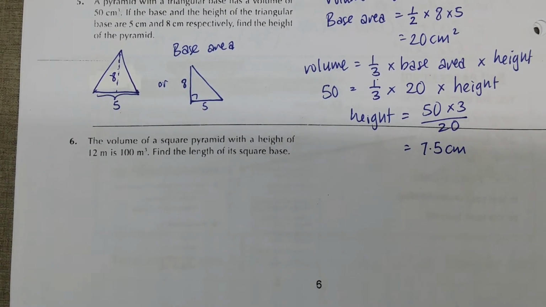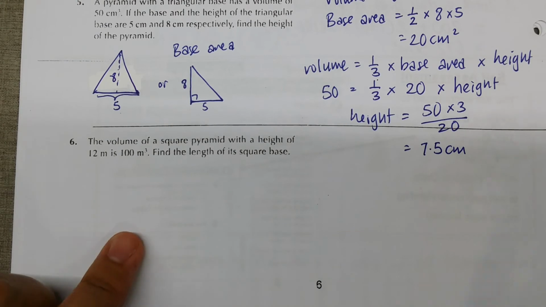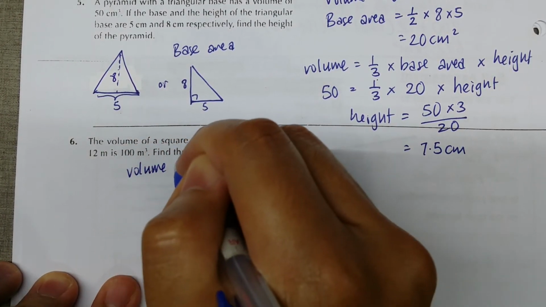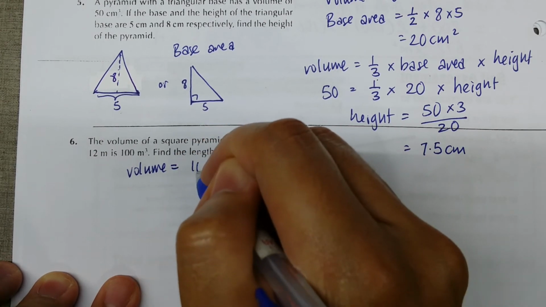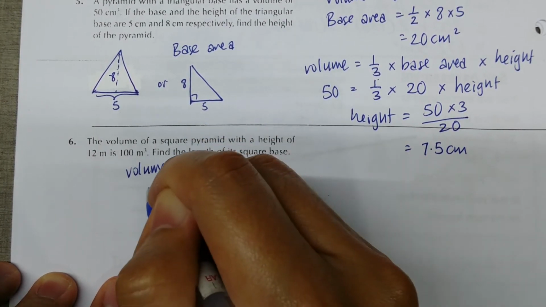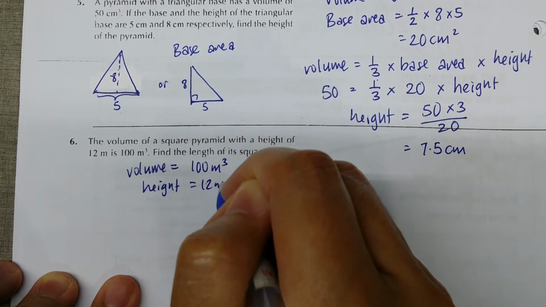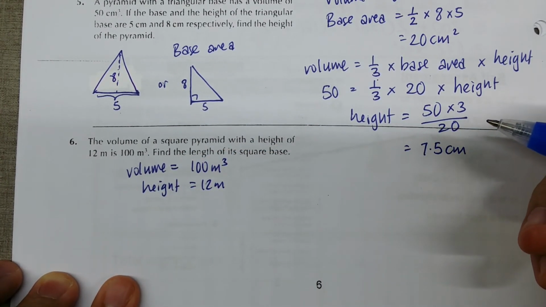If you are confused, let's read again. The volume of a square pyramid with a height of 12 meters is 100 meters cubed. It's just saying that volume is 100 meters cubed. Height is 12.